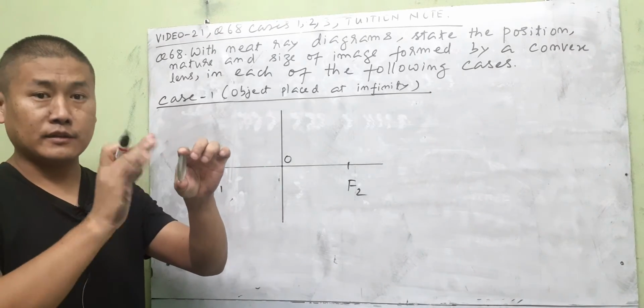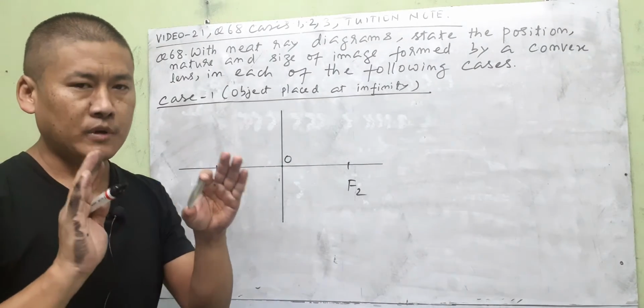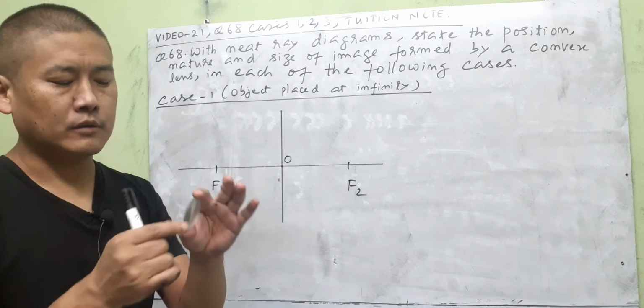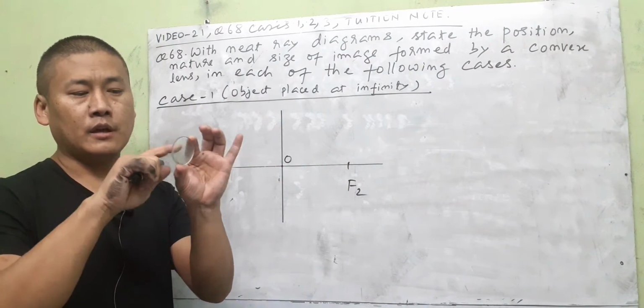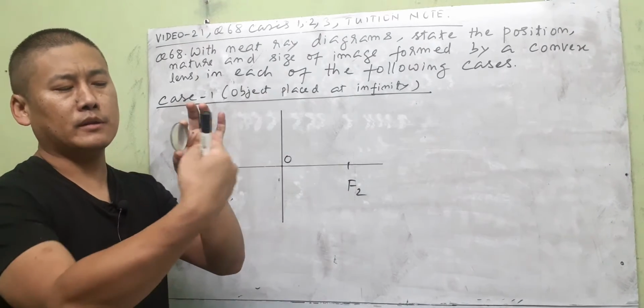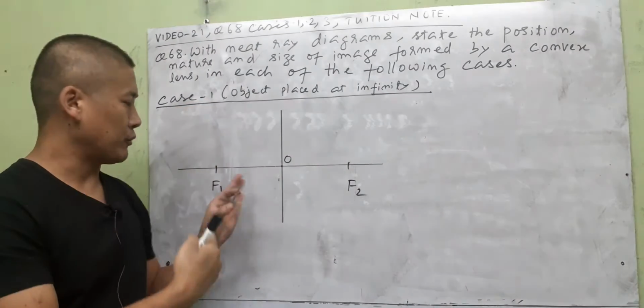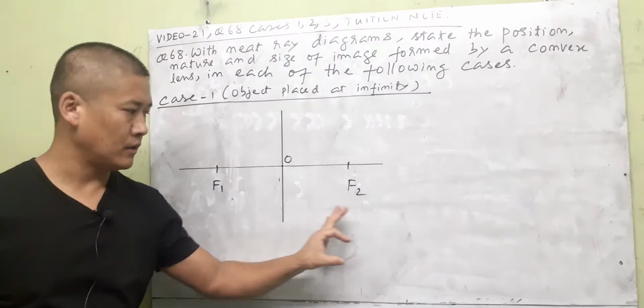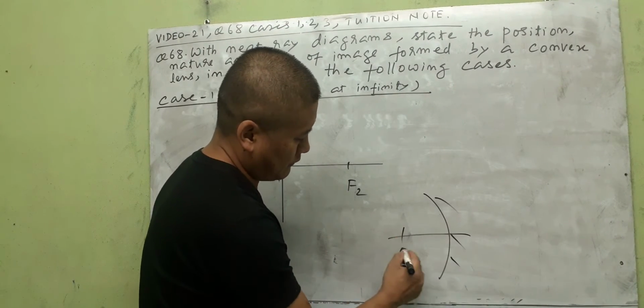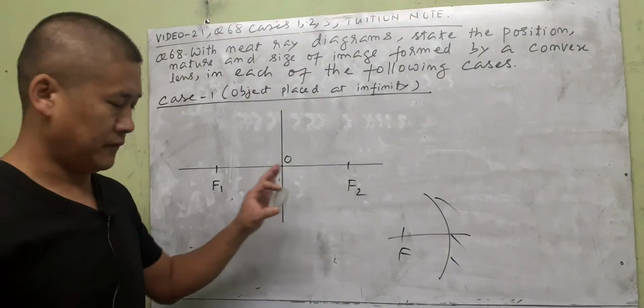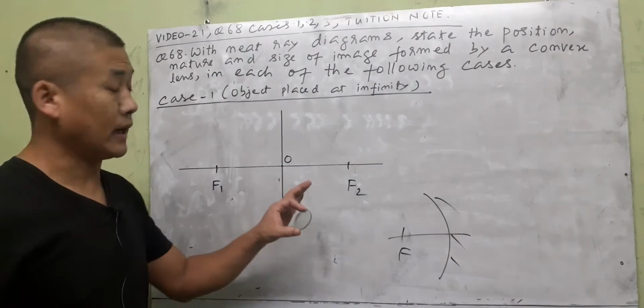It has 2 refracting surfaces. Mirrors have only one reflecting surface, but lenses have 2 refracting surfaces because they are transparent on both sides. That's why we have 2 foci. But a mirror works from only one side, therefore a mirror has only one focus. Lenses can refract from both sides, so we have 2 foci.